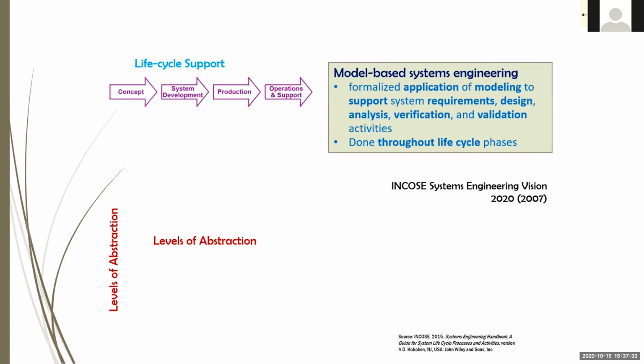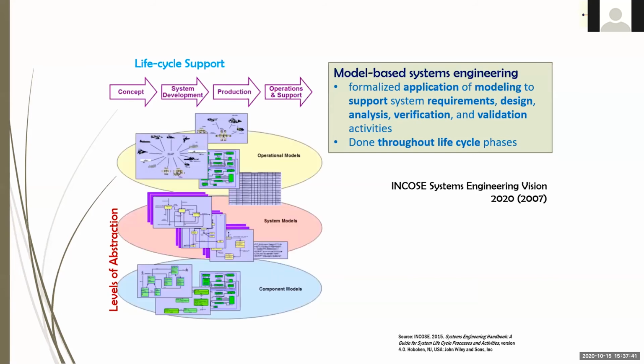Now, we also need to be careful about the levels of abstraction those models may have. And we also need to open ourselves to the different domain applications that we may have, okay? So in this case, we may have some operational models.